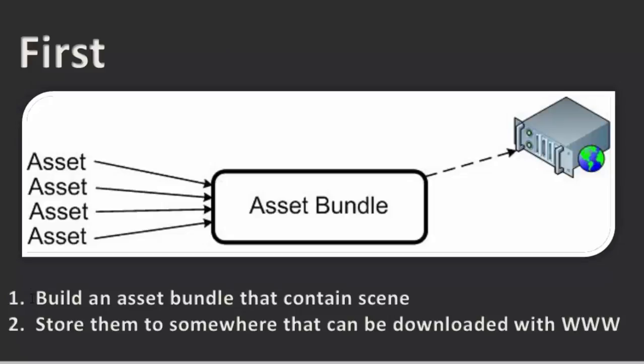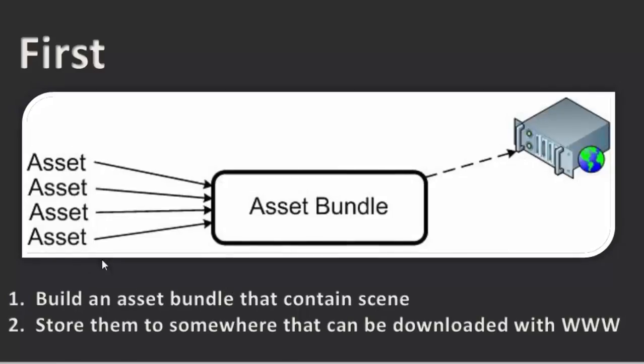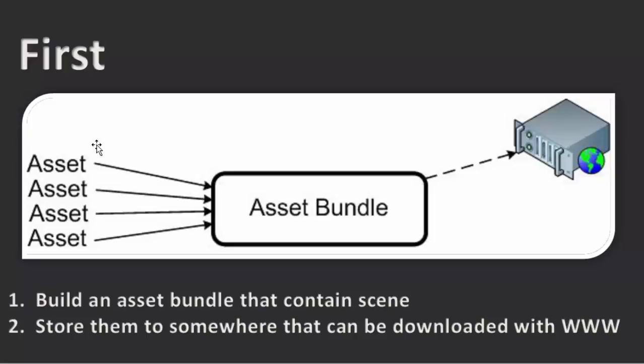And yeah, first, here is the building pipeline. First we have the assets in the project files, then we add them to an assets bundle. After the assets bundle is built, then we upload it to our server or to somewhere that can be downloaded with www.